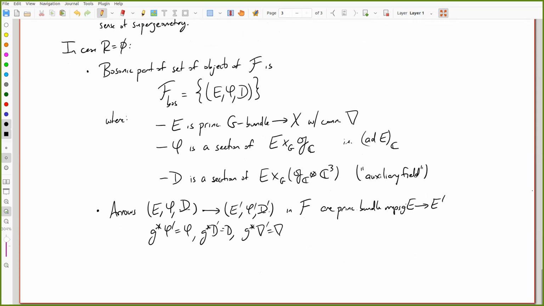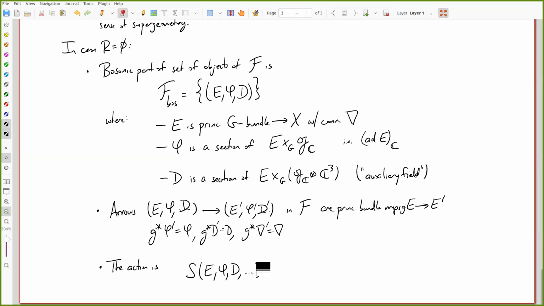And then the action S is supposed to be a functional on the field space. So it's a function of E, phi, D, and the extra odd fields, which I haven't written.